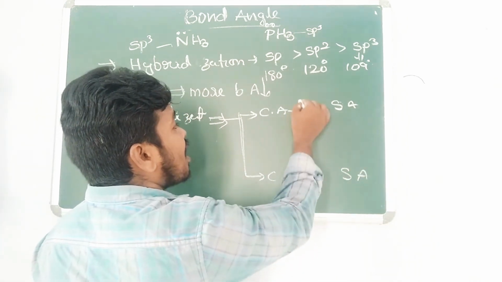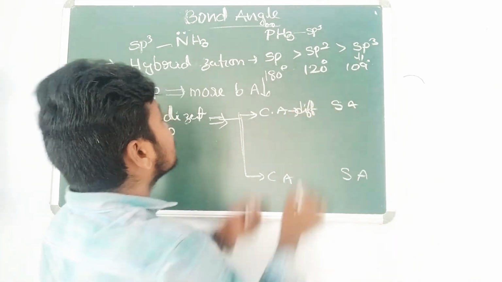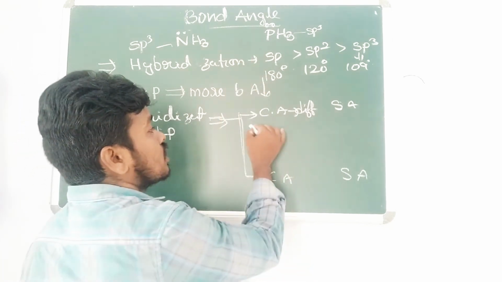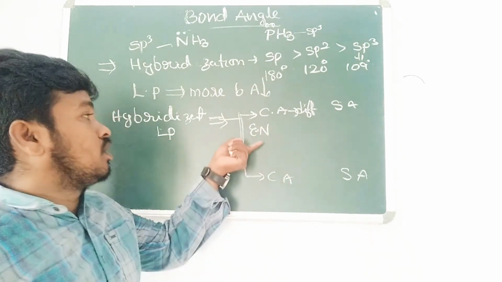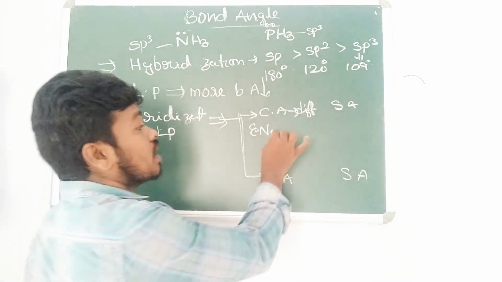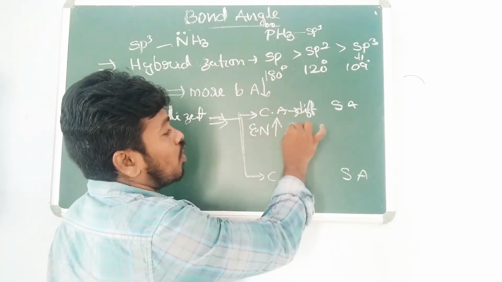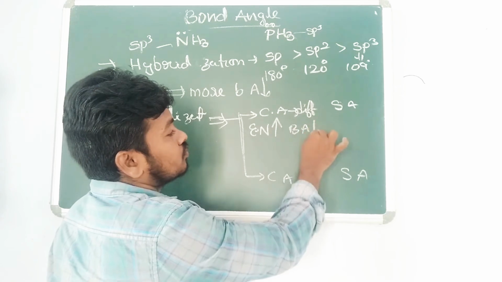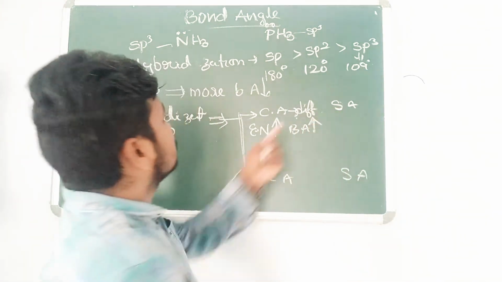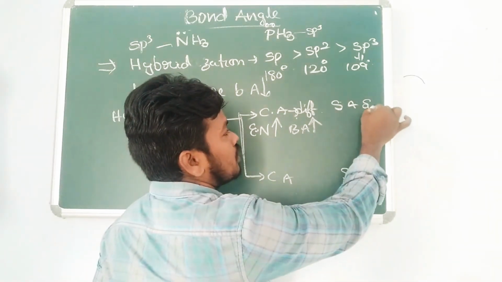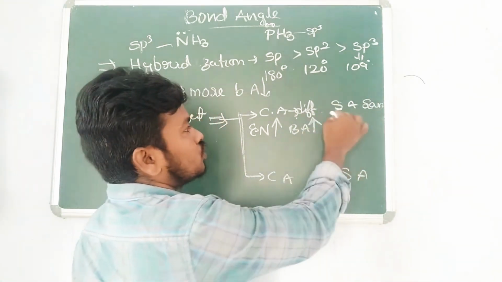Central atoms are different. For example, in this case nitrogen and phosphorus. If the electronegativity of the central atom is more, bond angle is also more. Surrounding atoms are the same, so you should not count them.